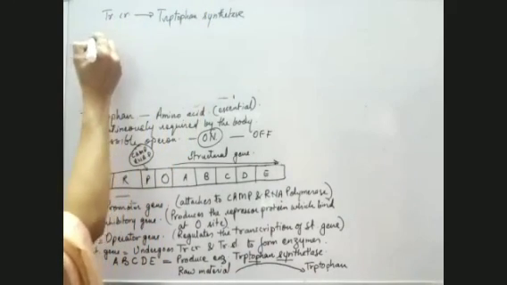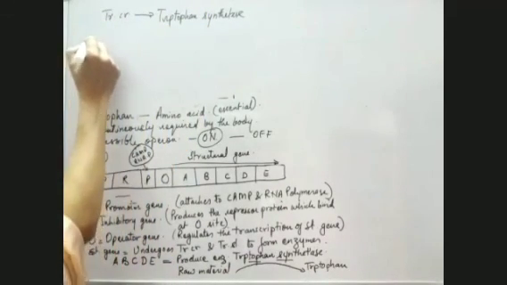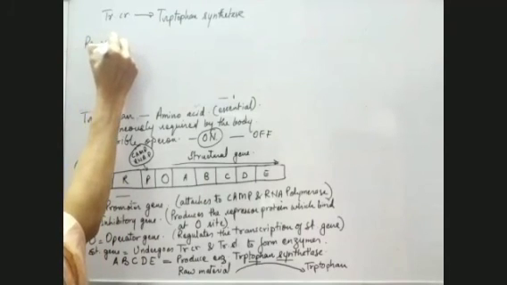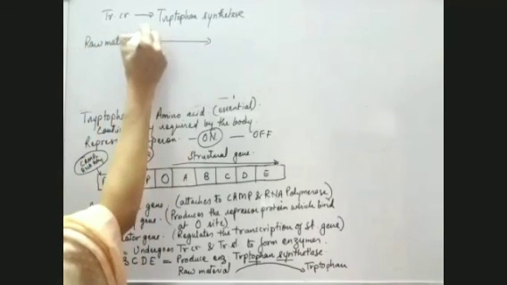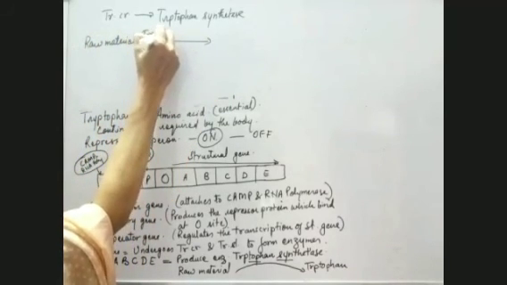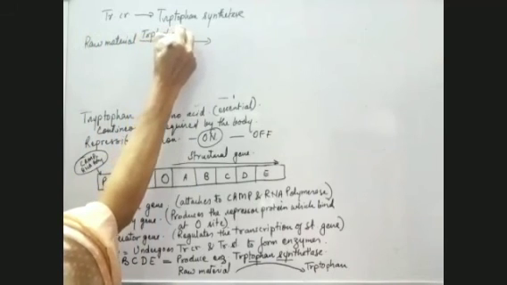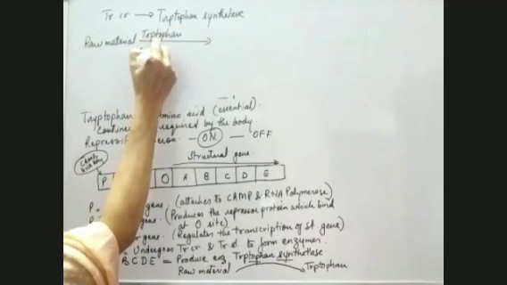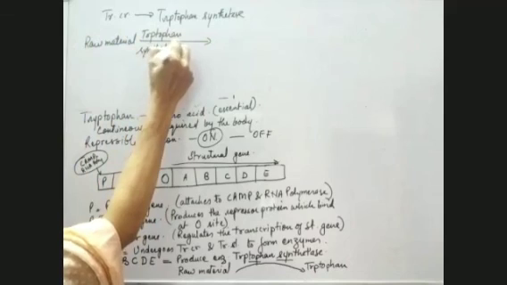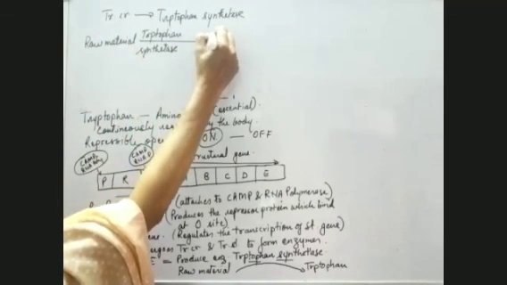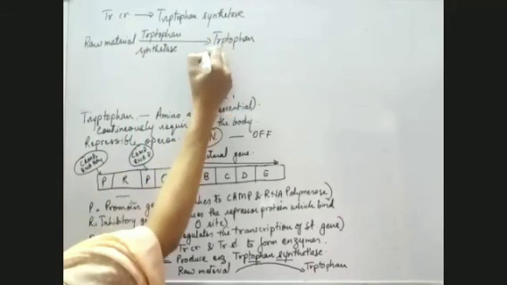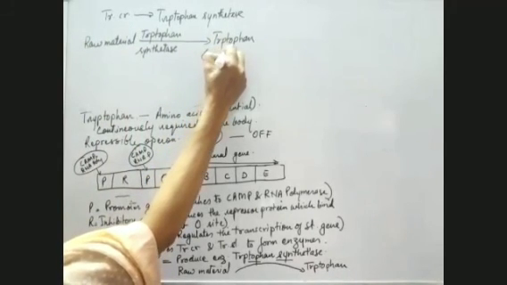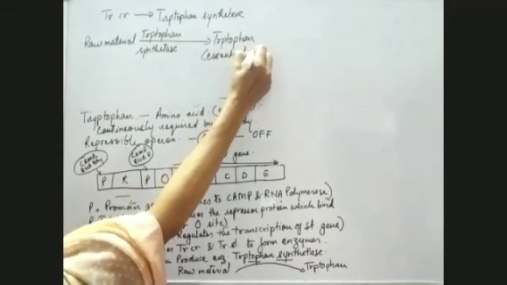And this tryptophan synthetase will convert the raw material into tryptophan, which is an essential amino acid.